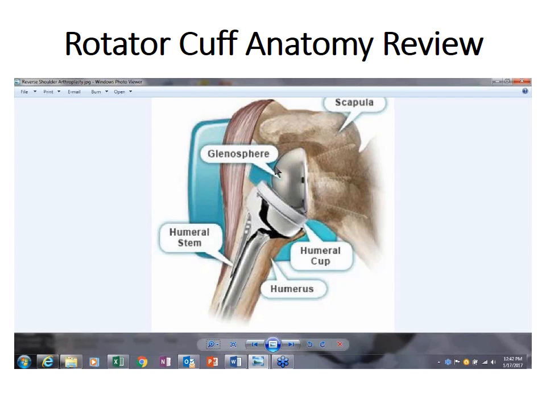There is a ball or a glenosphere that is placed on the scapula and a humeral cup on the head of the humerus, which reverses the ball and socket alignment at the shoulder joint. This is done because the rotator cuff muscles are deficient and not working, so you will need to instruct the patient to use the larger deltoid muscle to assist in shoulder abduction instead of using the supraspinatus and deltoid together.